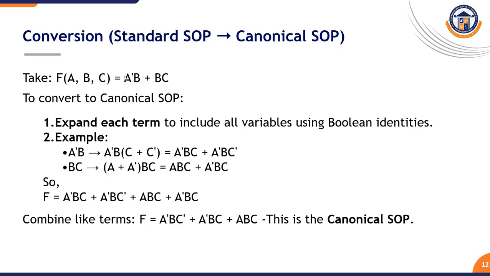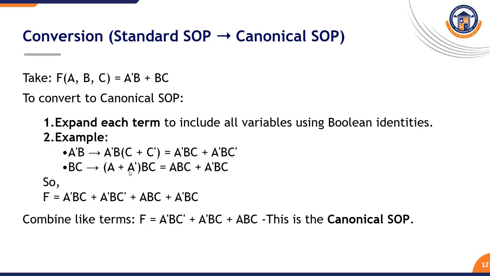Say for an example, in this example A dash B where C is missing, you have to multiply it with C and C dash, so C plus C dash. So you multiply the C with C dash, so that you will be getting the product term A dash BC plus A dash BC bar.